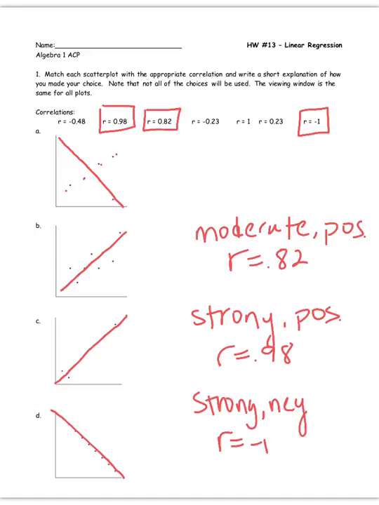So I'm gonna choose a number that's close to 0 but negative. So I'm gonna choose the R equals -0.23. So I'm gonna say a low correlation, but the points that are negatively correlated seem to be a little bit stronger than the ones that are positively correlated.